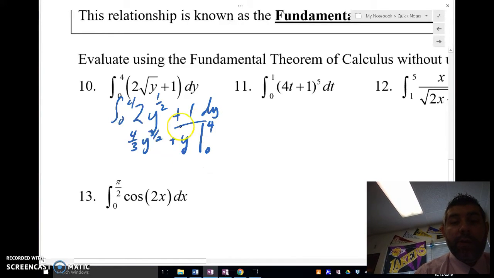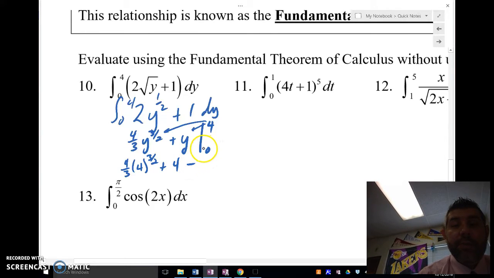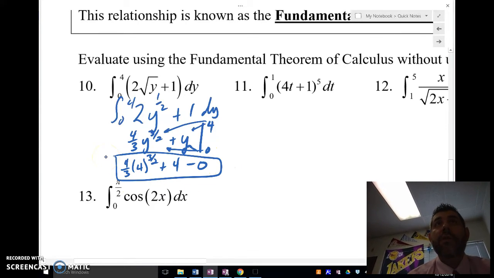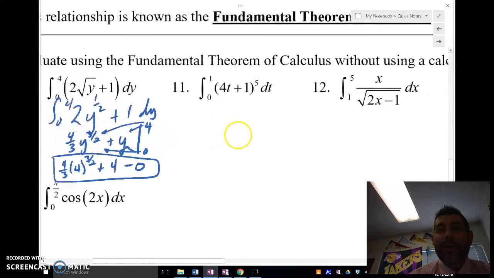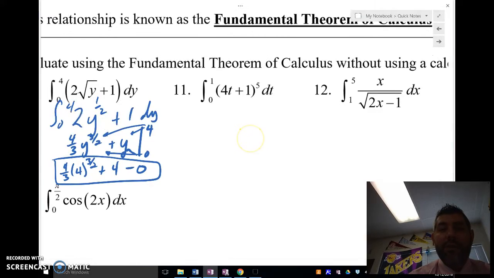When I do that, I plug 4 in after I've done the antiderivative. So 4/3 times 4 to the 3/2 plus 4 minus, and then I plug 0 in, which is just going to give me 0, right? We can leave our answer like that because that's an answer, okay? We don't need to calculate that all out. Again, you don't need to simplify here in BC Calculus.